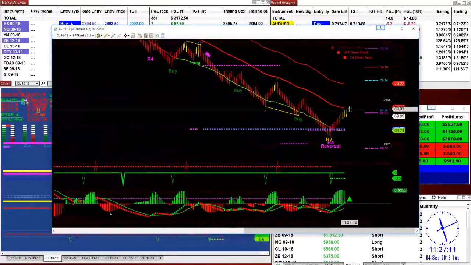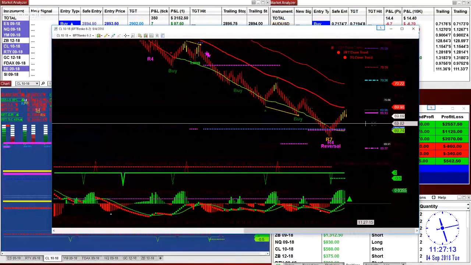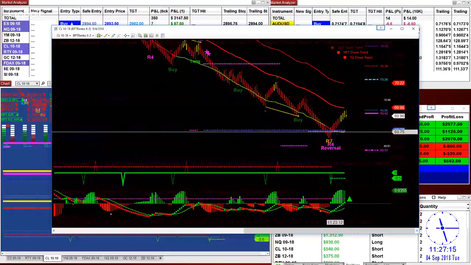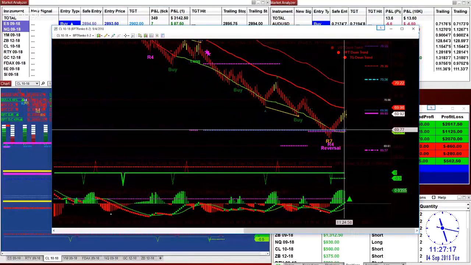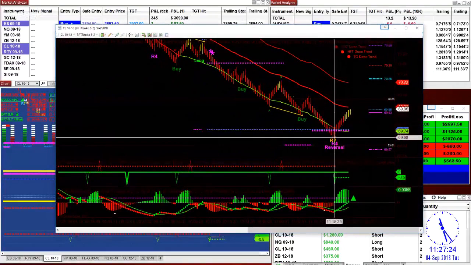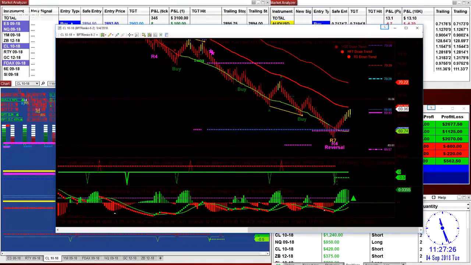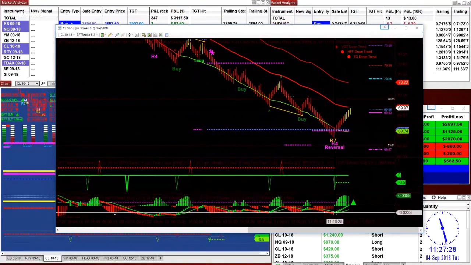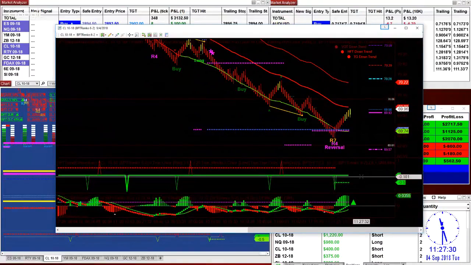Right in line with the mid-band, pulling back. Beautiful game. So you can see it's out of the band. One signal, two signals, they all speak in the same language.